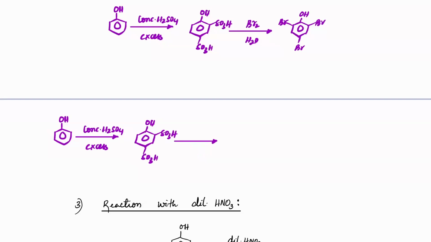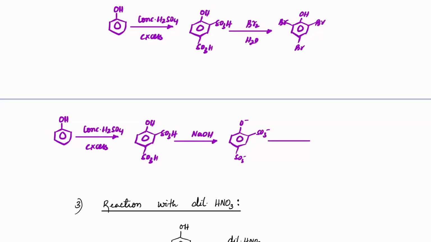Instead of directly reacting with Br2, first I will react this with NaOH. On reacting this with NaOH, first you will have O minus, SO3 minus, SO3 minus, correct?